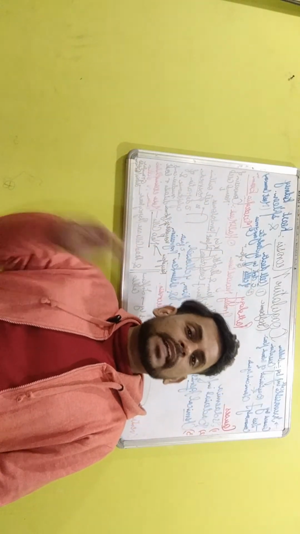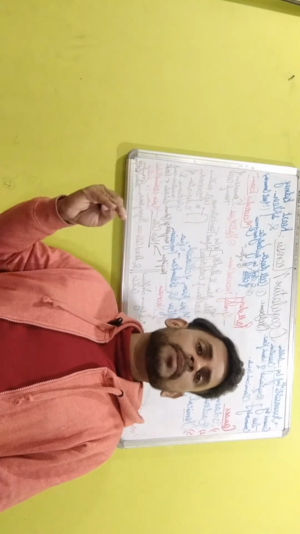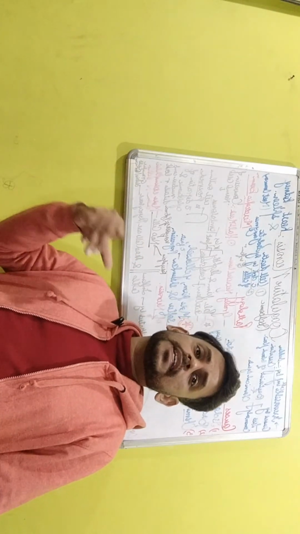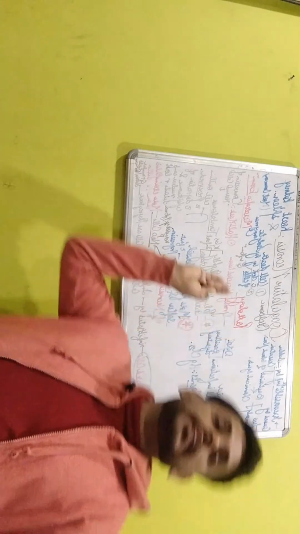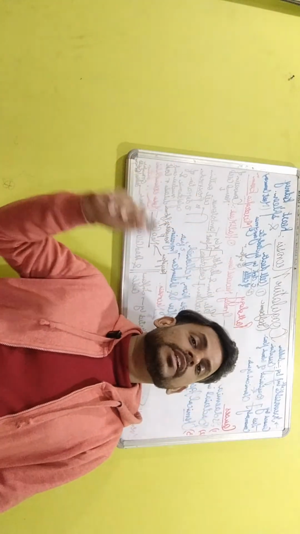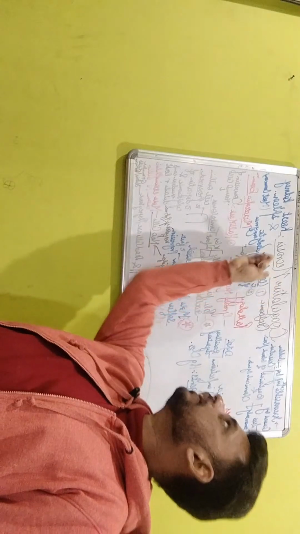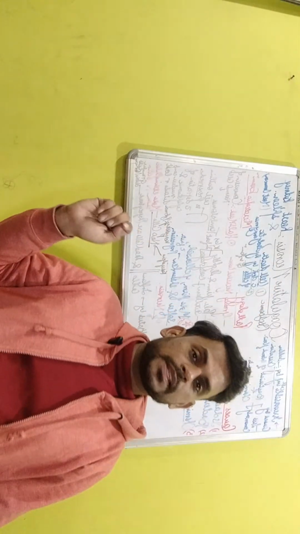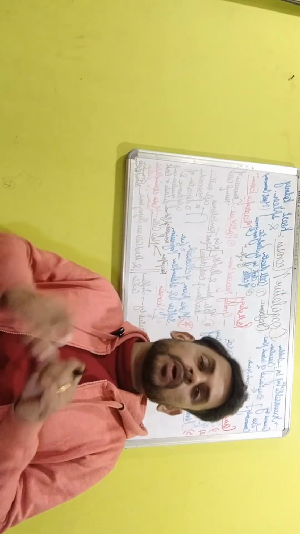So if there is a sudden decrease in the blood supply or sudden ischemia in that particular tissue or organ, the necrosis that occurs is coagulative necrosis. In coagulative necrosis the most commonly involved organs are the heart, kidney and spleen.